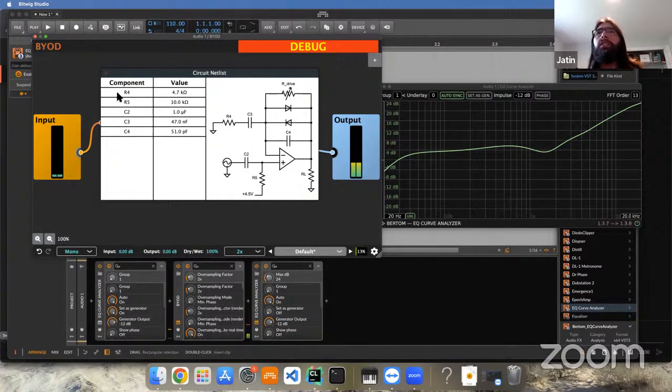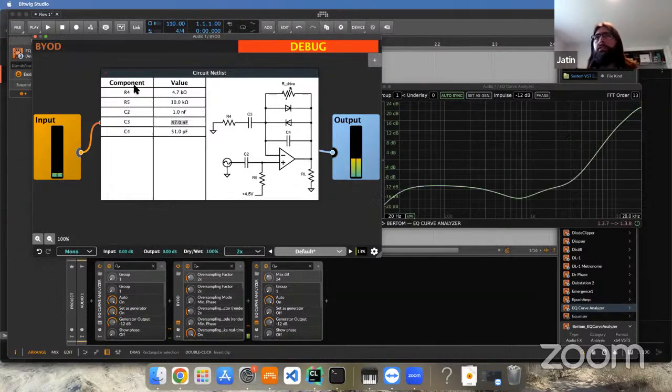Let's try a capacitor here. So we have this C2 input capacitor. It's a DC blocking capacitor. What if we make it smaller? Interesting. Oh, wait. Actually, that's not a DC blocking capacitor, I don't think. I don't remember exactly how that works, but anyway, if we make that smaller, then it seems like we get more of a cut across these frequencies.